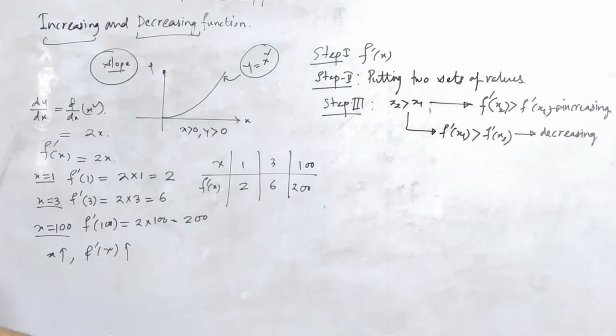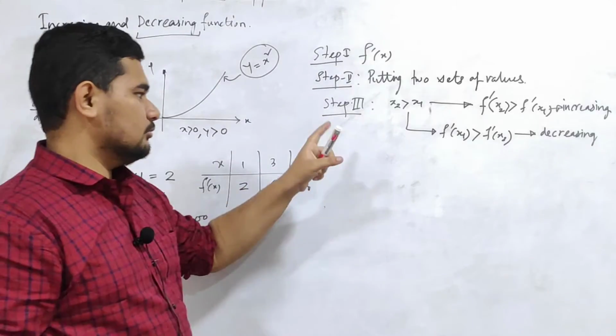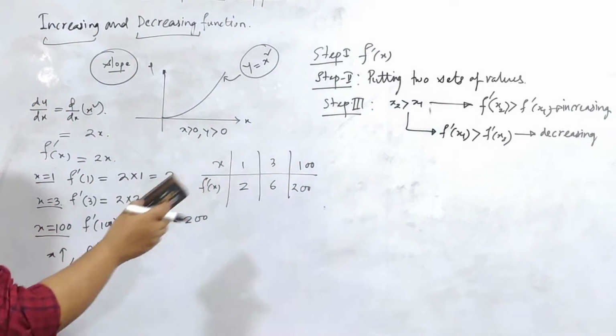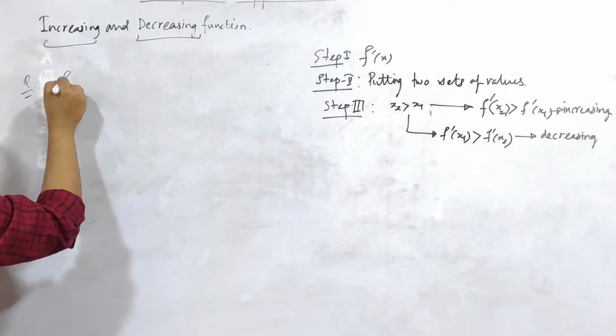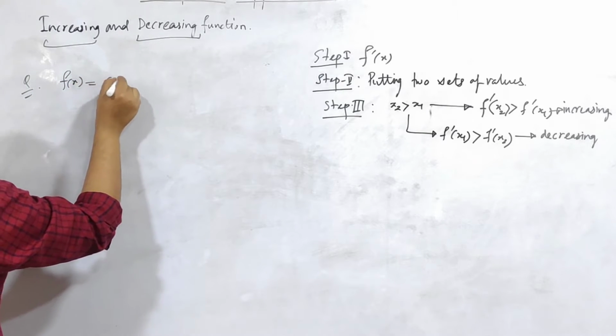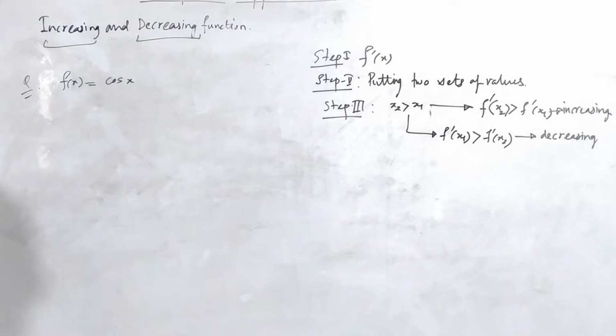So now let's solve some problems to make our concept clear regarding how to use these formulas. So this is the first problem. We are given a function f of x equal to cos x.